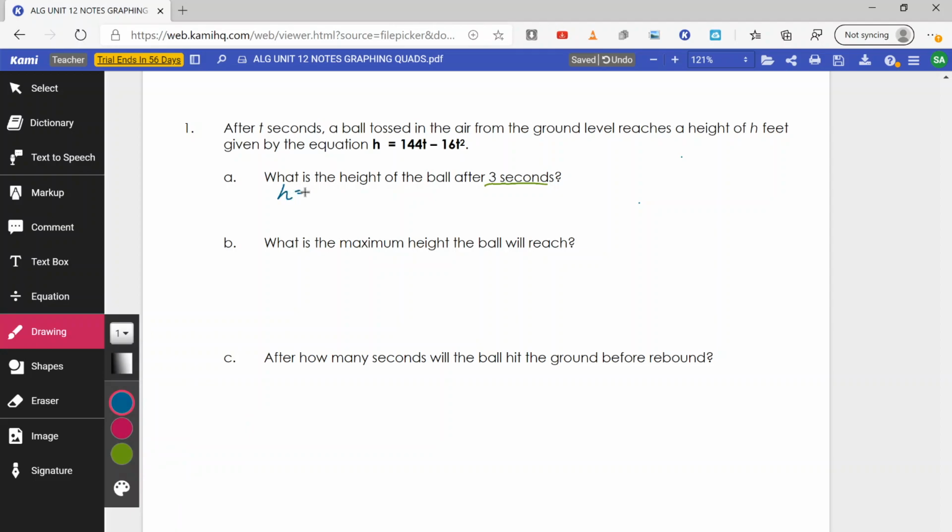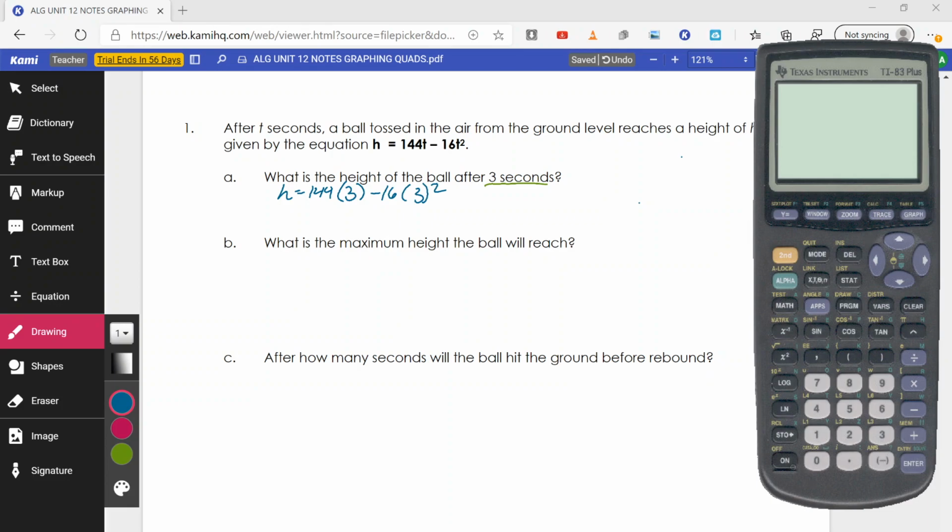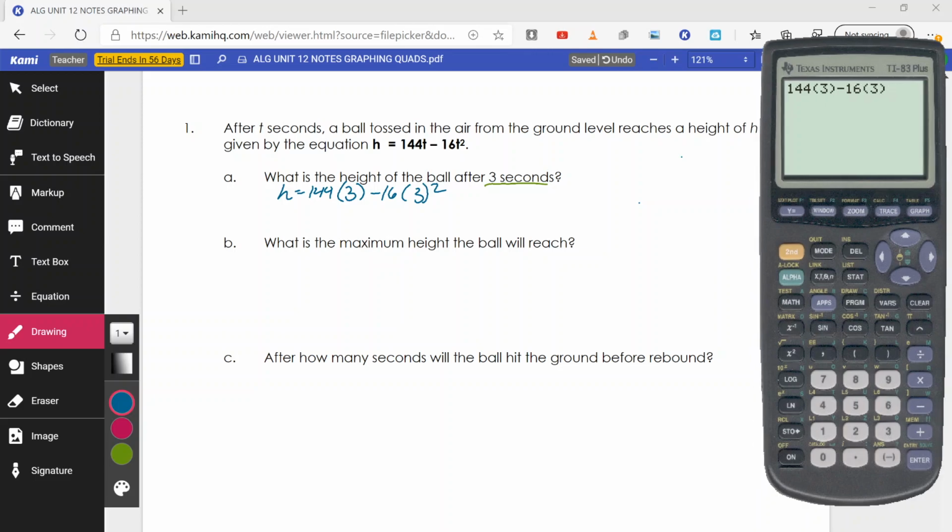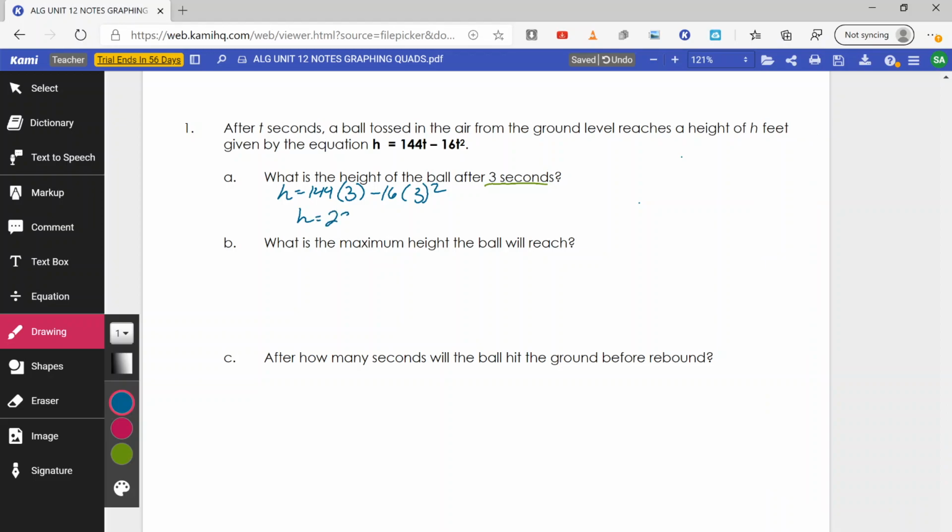So h is equal to 144 times 3 minus 16 times 3 squared. So we have 288 feet. So at 3 seconds, our height is going to be 288 feet.